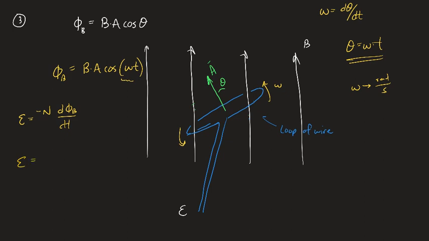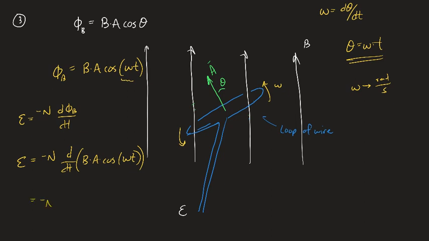So the EMF is negative n, d/dt of B times A times the cosine of omega t. Now, pretty straightforward. B and A are constants, right? We're leaving them the same.